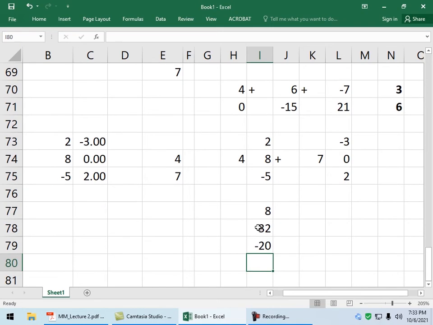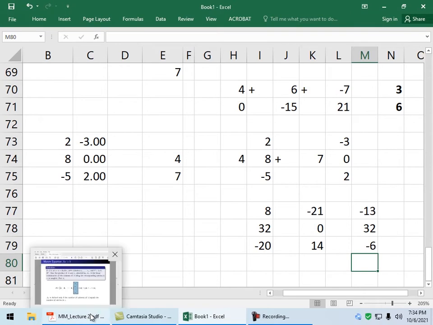These values will produce us minus 21, 0, 14. We add and have the final answer like this. Okay? Alright, I think it's pretty clear over here.